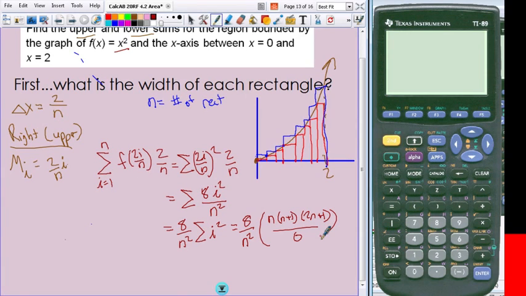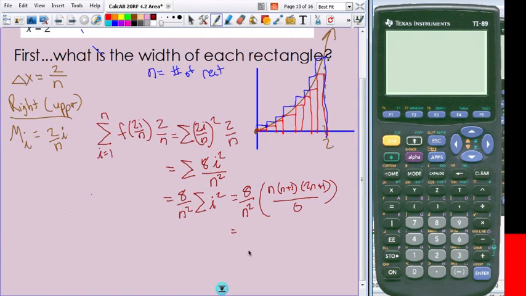So if you're going to do this, I want to expand this top part. It's going to be 8 over n squared times 2n cubed plus 3n squared plus n, all over 6.